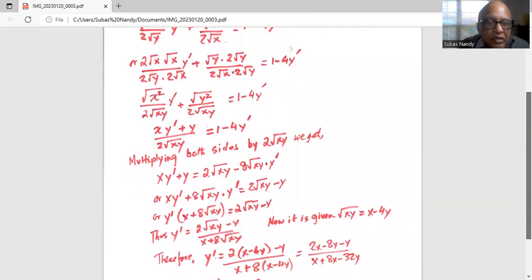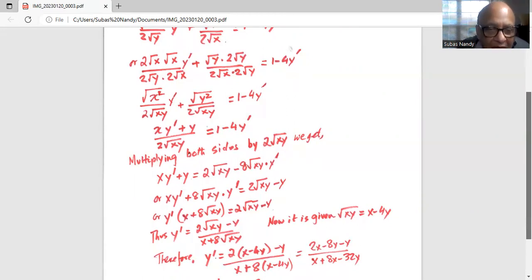Now we take the common factor y prime out on the left hand side. So y prime outside the parenthesis, inside the parenthesis, x plus 8 square root of xy is equal to 2 square root of xy minus y.